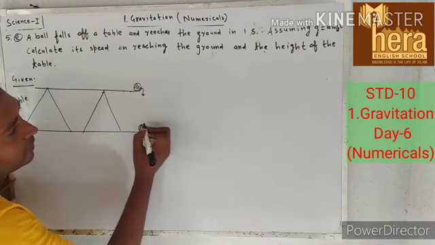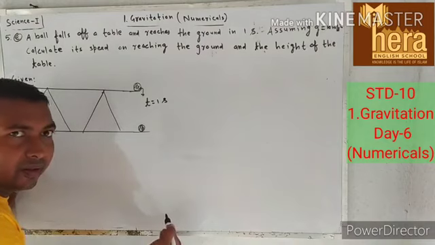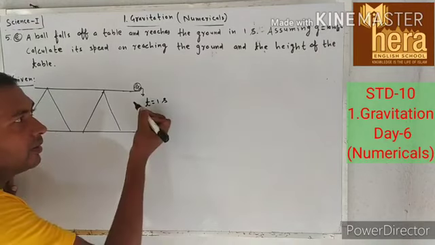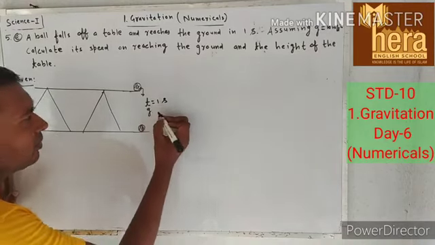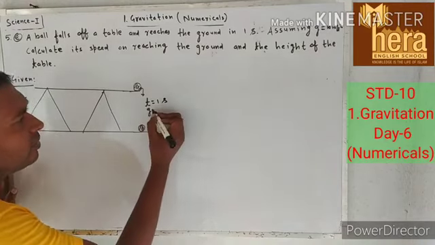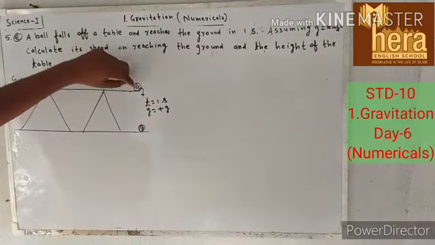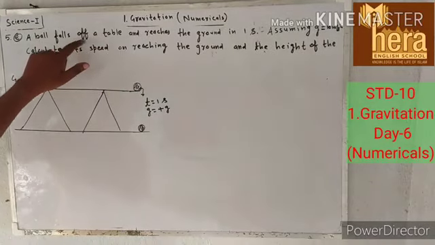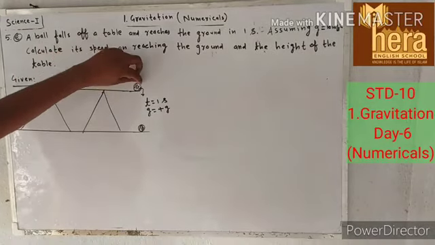See, this is coming down. Therefore, here G will be equal to plus G. Understood? And since initially it is at rest, because the ball falls off a table, so initially it was at rest.